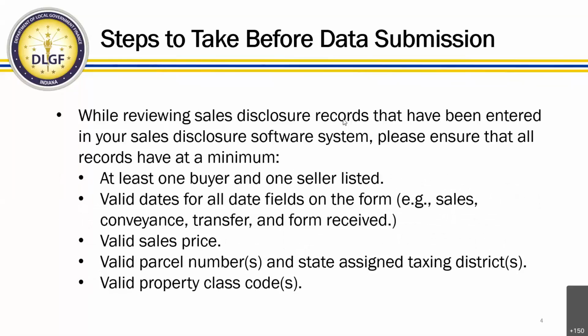So for county assessors, here are things to keep in mind while reviewing your sales disclosure records that you enter into your system before you submit them to the state.